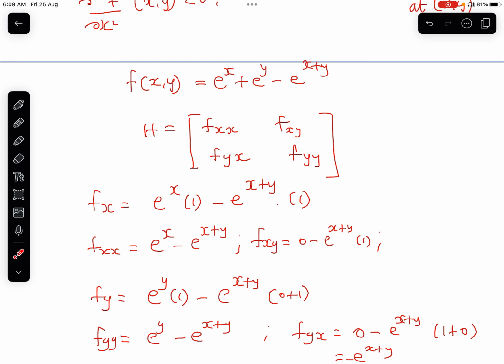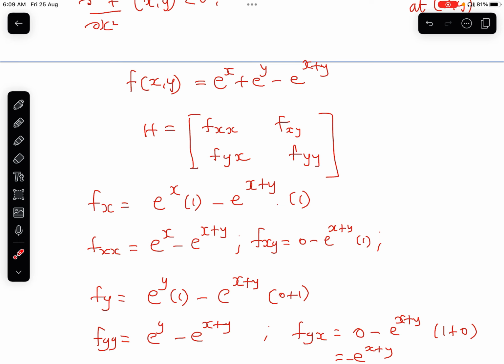While solving for the first derivative, since we are differentiating with respect to x, only e power x into its derivative, which is 1. So minus e power x plus y, the same thing will come. In x plus y, the x will become 1 and y will become 0. Therefore I have written 1.